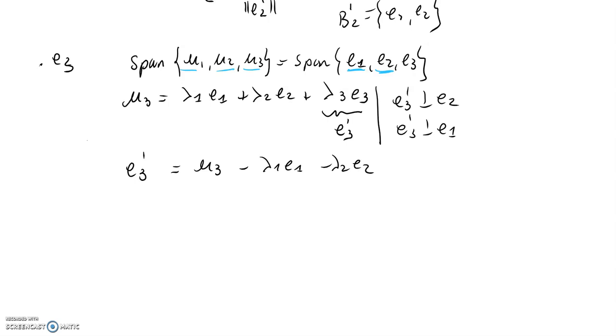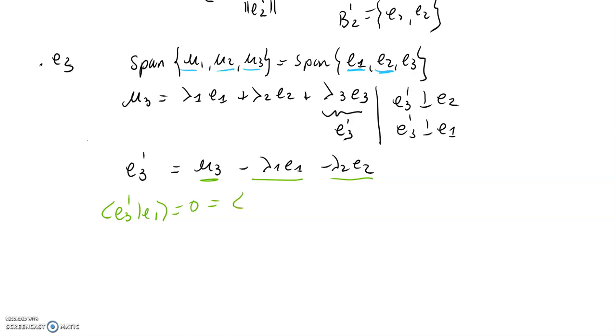You see, it's the same structure as before. We are taking out of our vector u3 the components along the directions E1 and E2 so that we keep only the new, non-redundant information out of this vector u3. So we do the same thing. We say that the scalar product of E3 prime with E1 is equal to 0 because they have to be orthogonal.